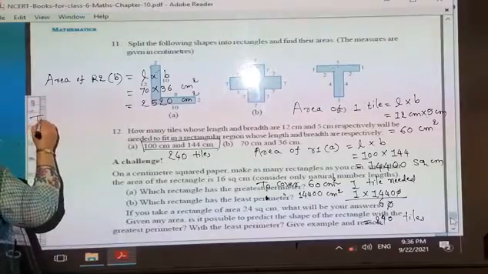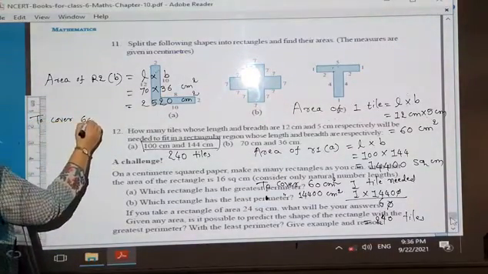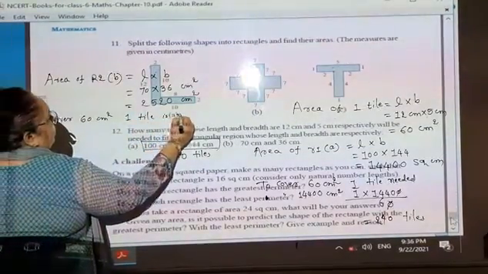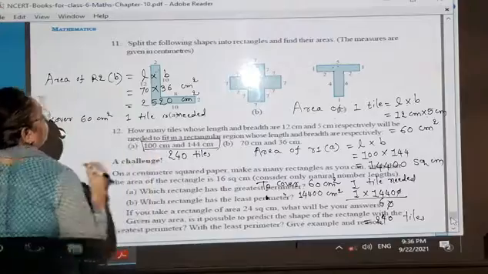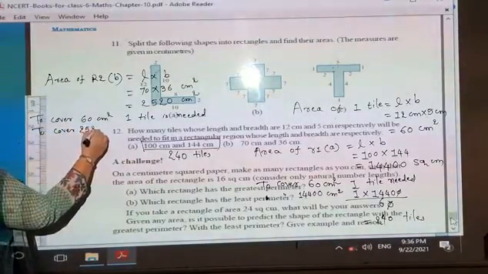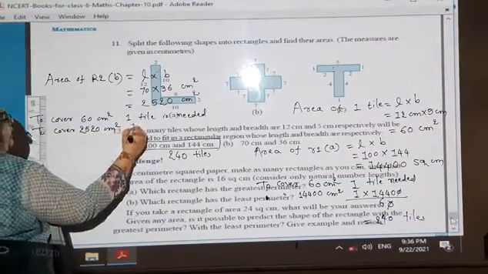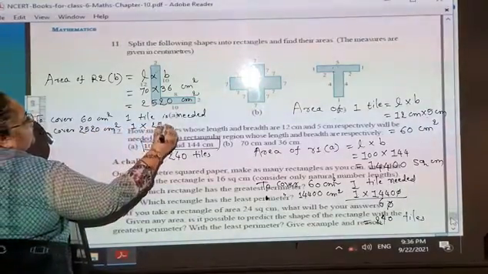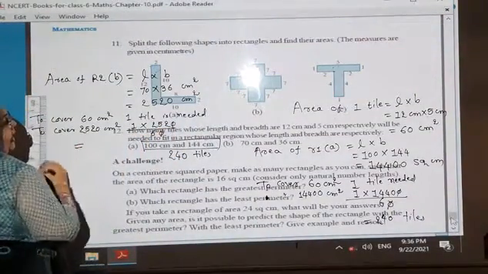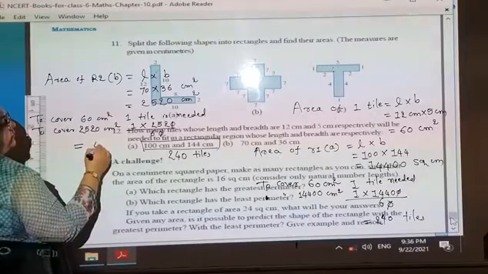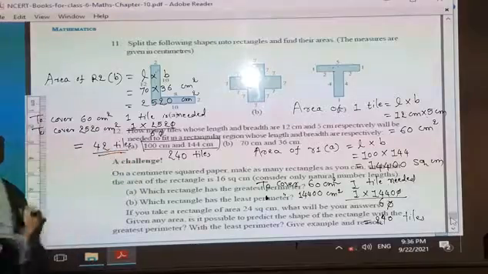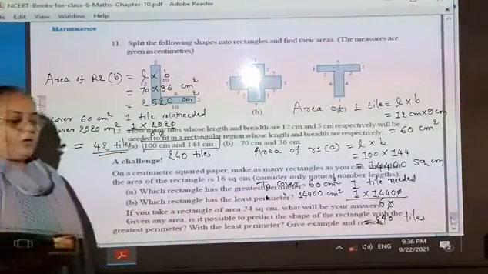Okay, to cover 60 centimeter square, one tile is needed. Okay, so to cover 2520 centimeter square, 1 multiplied by 2520 divided by 60. Answer क्या आएगा? 42 times. 252 divide by 6 करो.